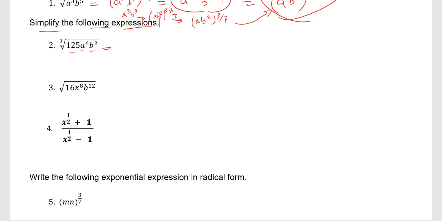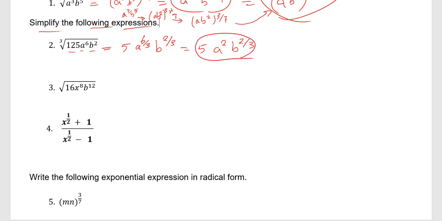So the cubic root of 125 is 5, times a to the 6 times 1/3 from the cubic root, so 6 over 3, times b squared times 1/3, which is 2/3. 6 over 3 is 2, so a squared, and then b to the 2/3.